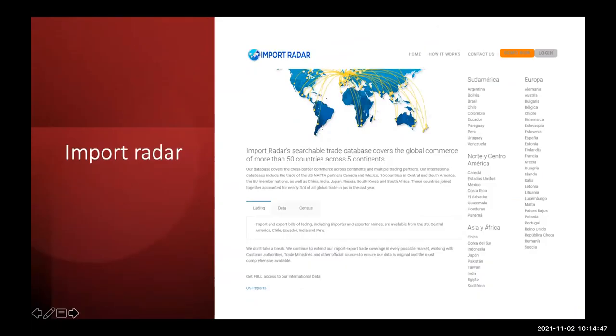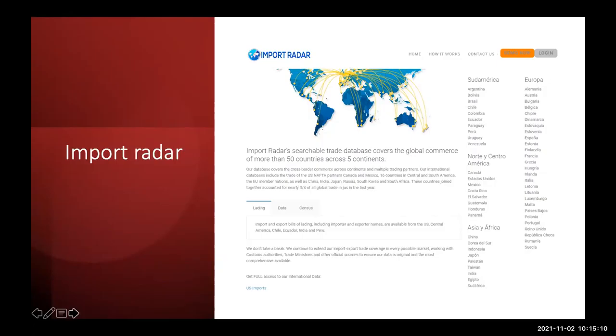Import Radar is another one. It basically tracks shipping activity, so movement of ships going in and out of the country, from one country to the other. It usually provides fairly updated information because it tracks movement of ships. Therefore, as soon as a vessel reaches its destination, they try to update their database.